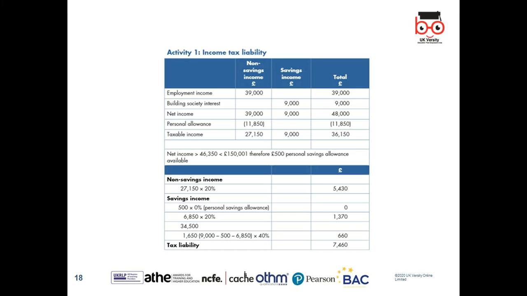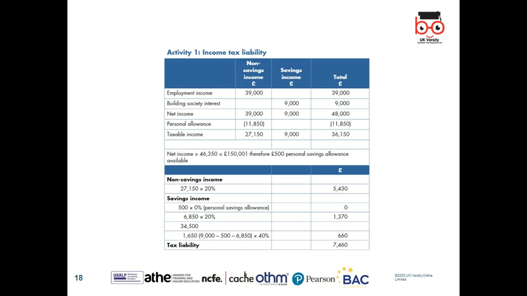Then the remaining 6,850 I'm paying 20% on. So 27,150 plus 500 plus 6,850 becomes 34,500.